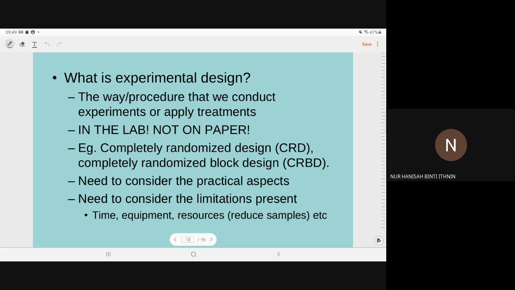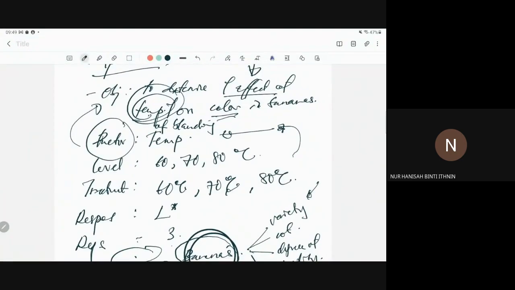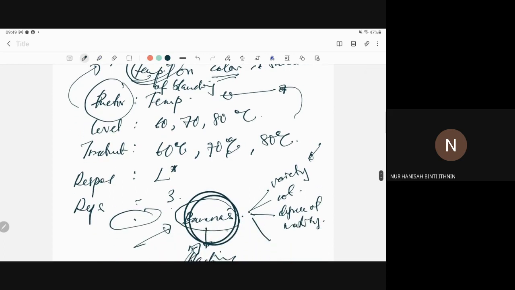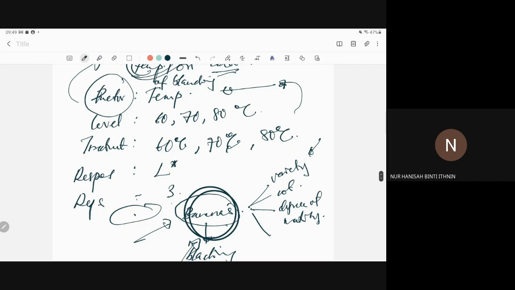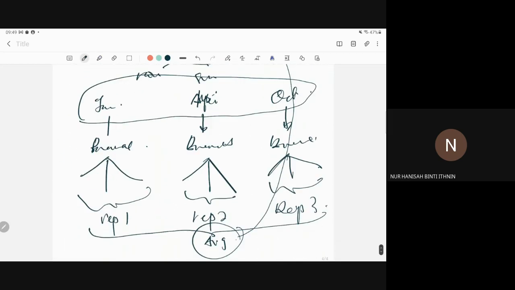For example, let me take another example.